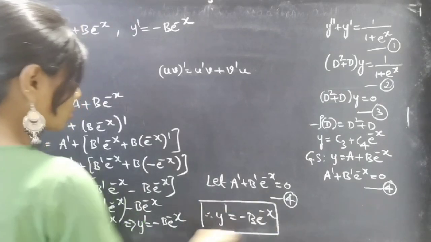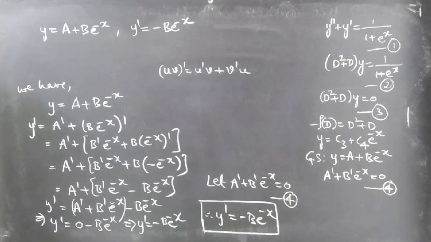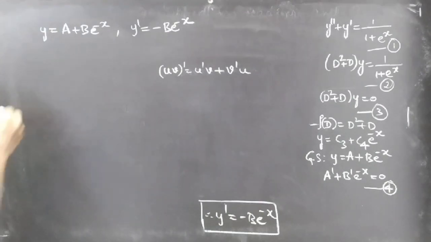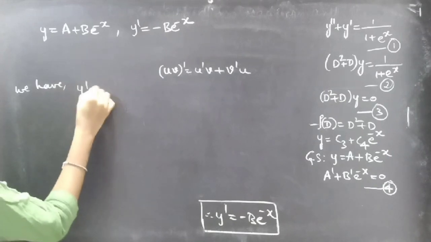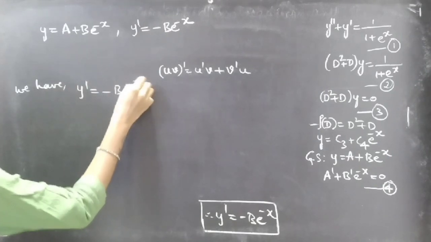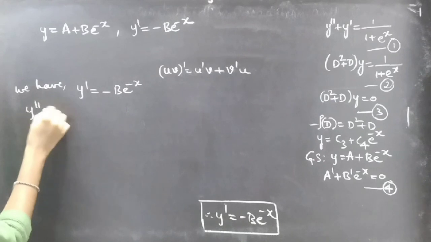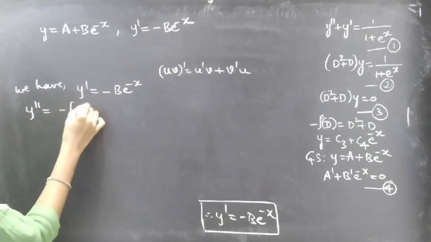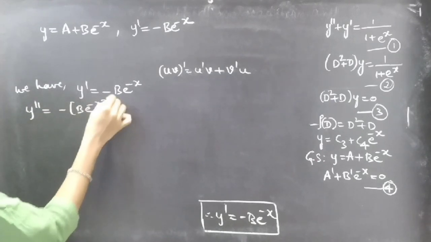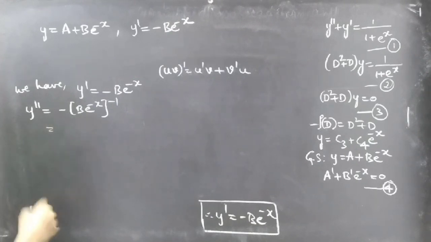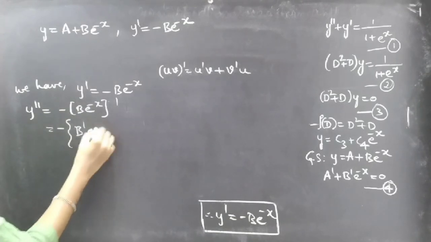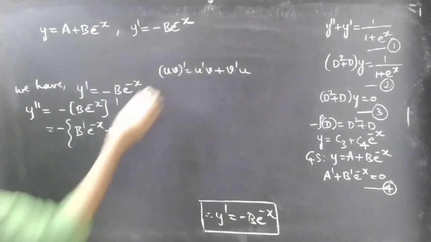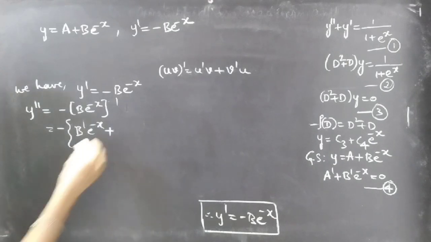Let's now find y double dash. We have y dash equals to minus b e power minus x, right? Let's find y double dash. Y double dash equals to minus of b e power minus x whole dash. This gives us minus of b dash e power minus x. Here also we are going to apply uv whole dash formula.